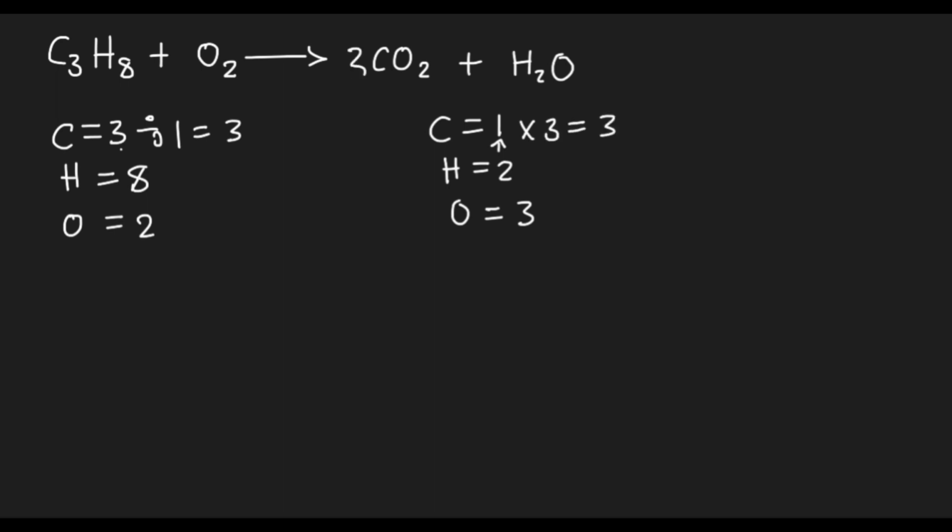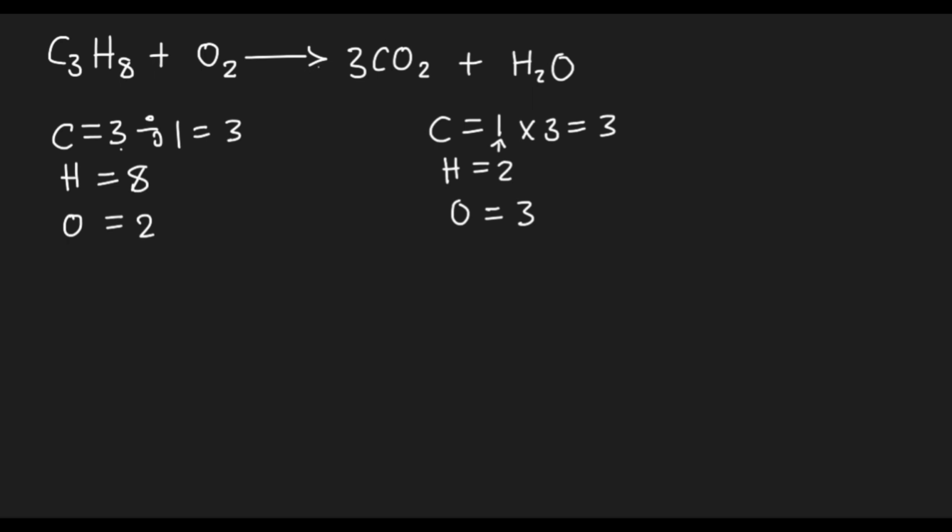We put 3 in front of carbon dioxide. Now, oxygen is easy to balance because on the reactant side it is on its own. Whenever you have an element that is on its own, that one will not give you headaches to balance. So focus on the elements that are found in a compound.